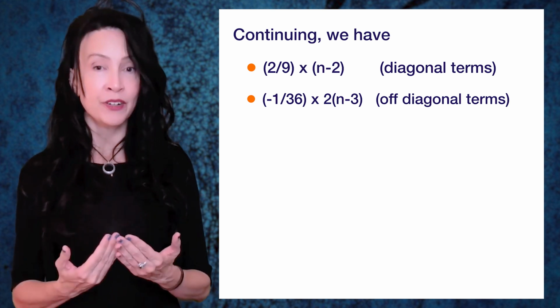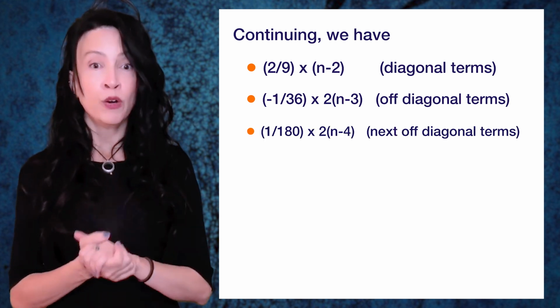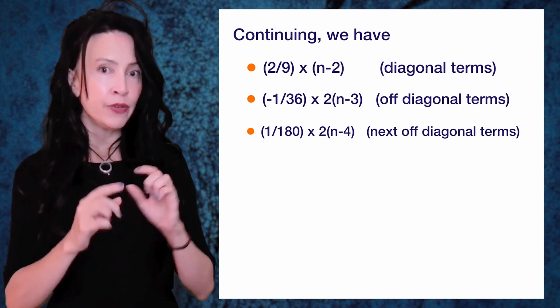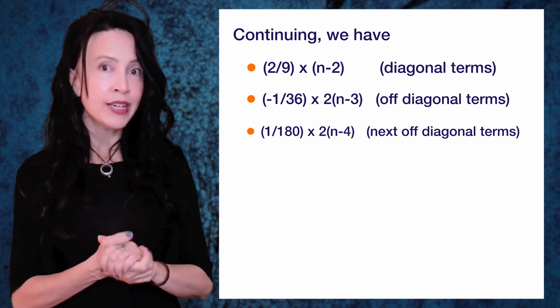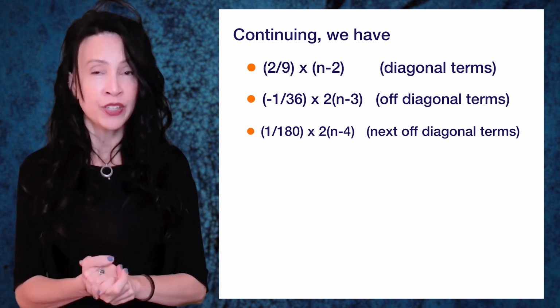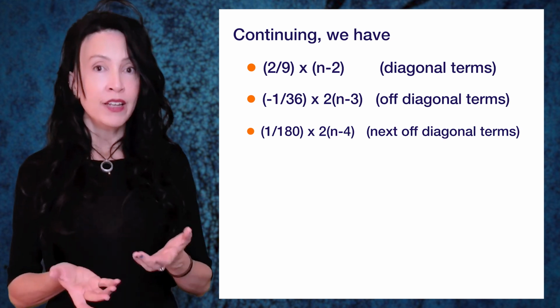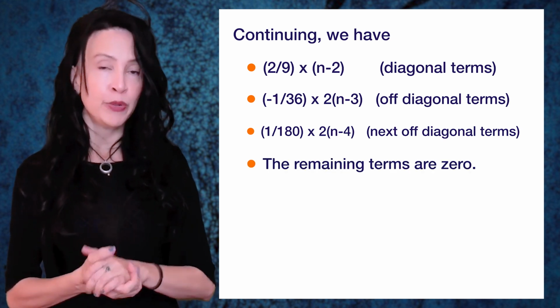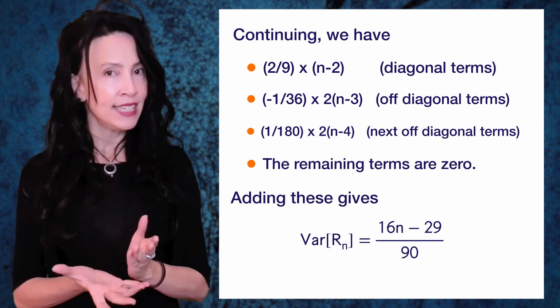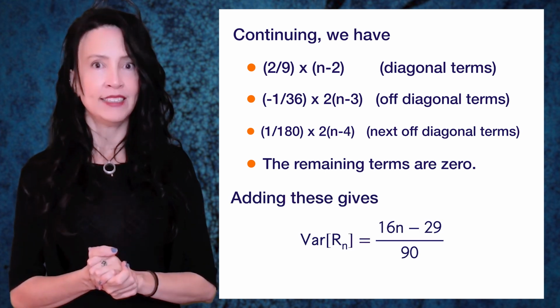It's going to be a little messier, but you should get 1/180, and there are n minus 4 of those next off diagonal terms, and there's n minus 4 on the other side of the diagonal, so we get 2 times n minus 4 of those. And once you go further, you get a covariance of 0 between x sub i and x sub j. So adding these all together gives you (16n minus 29)/90.